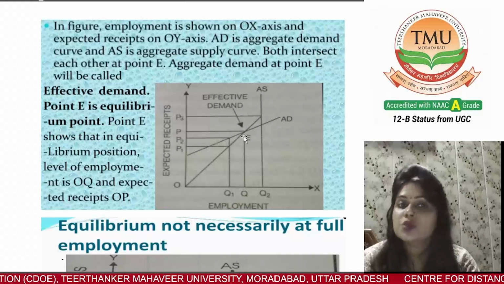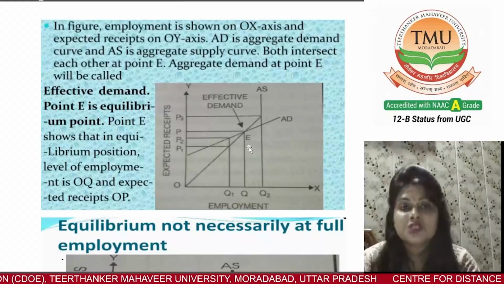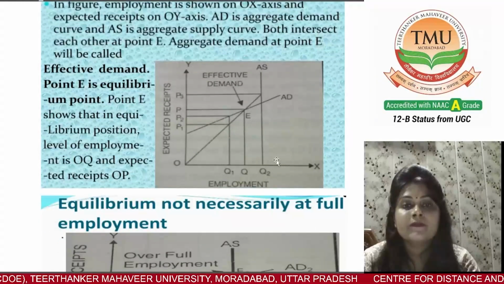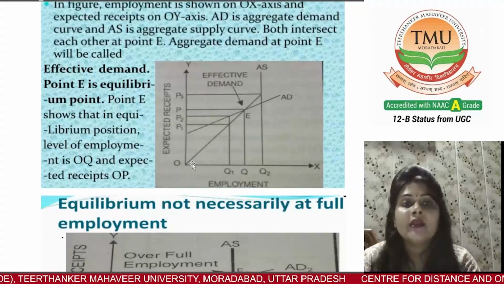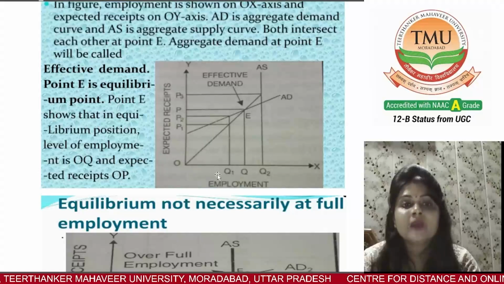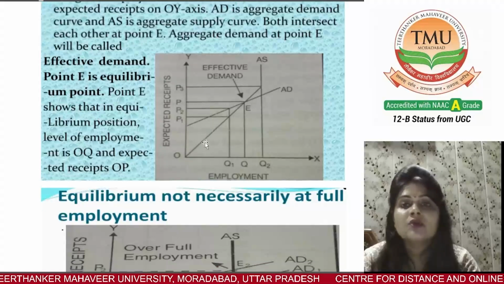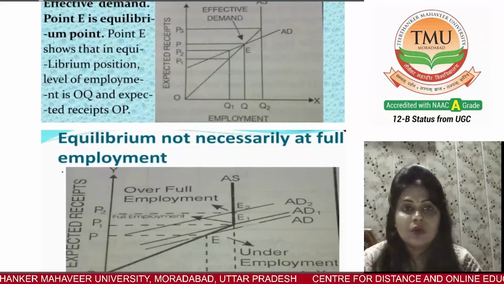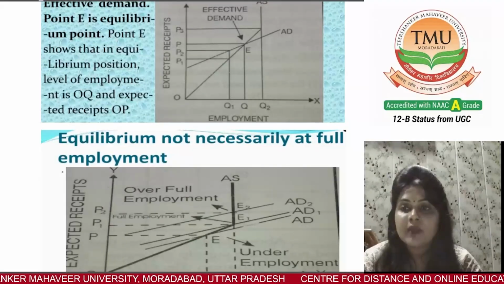Point E shows the equilibrium level of employment, OQ, and expected receipt OP. So here you see the expected receipt is OP and OQ is the employment level.